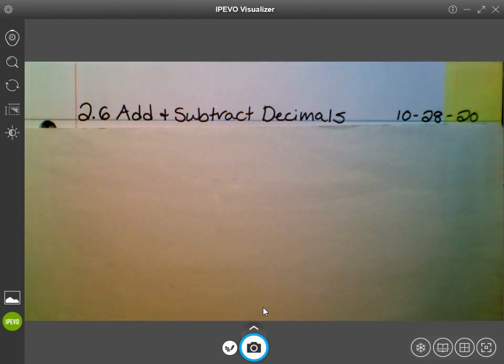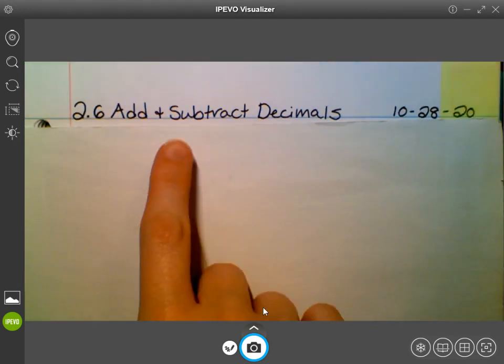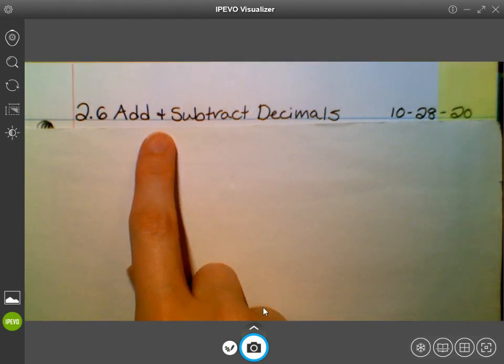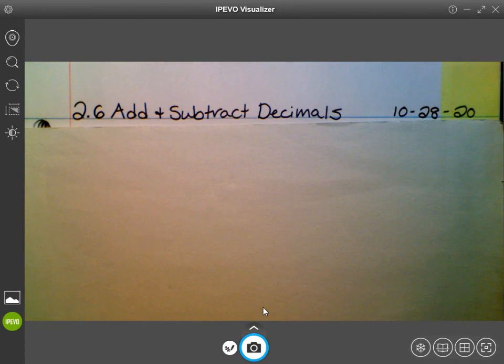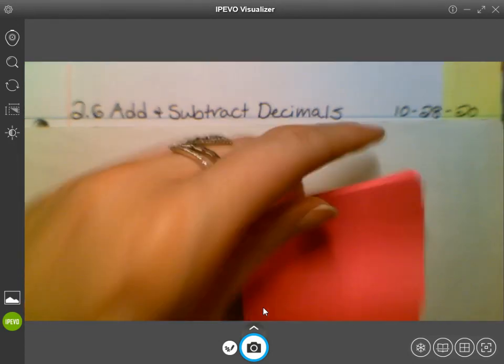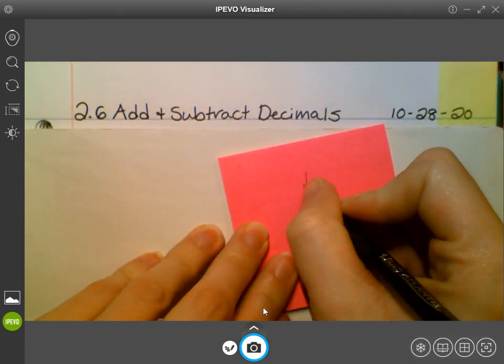Oh, that's better. It's brighter than yesterday, isn't it? Good. Well, technically that's an and sign. You can't see it as well up there. An and sign can be like this.